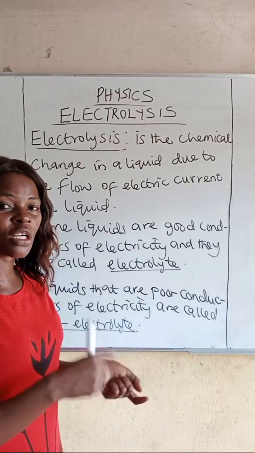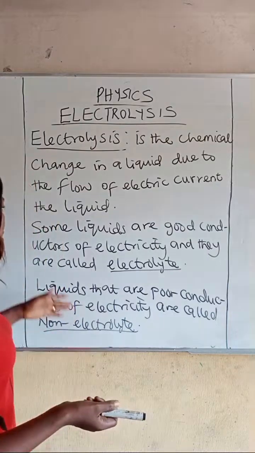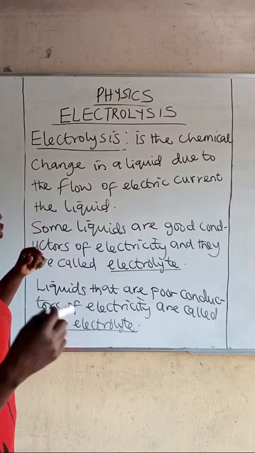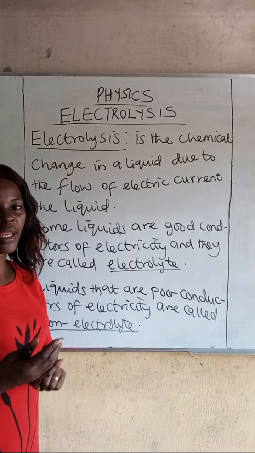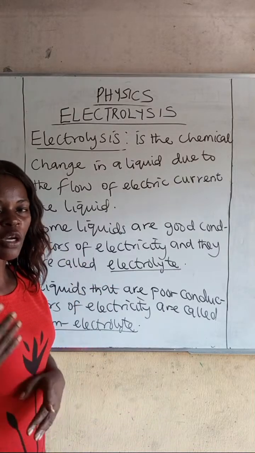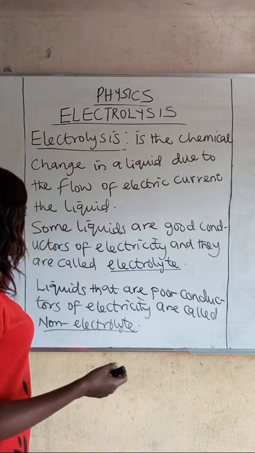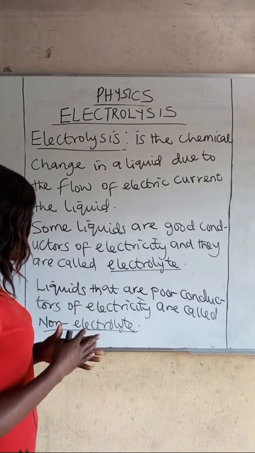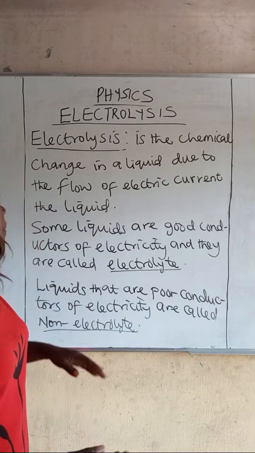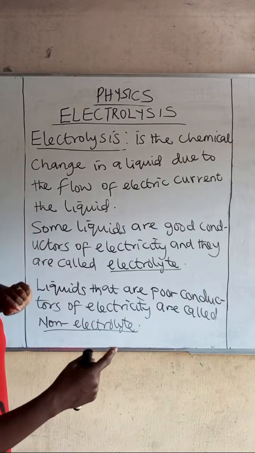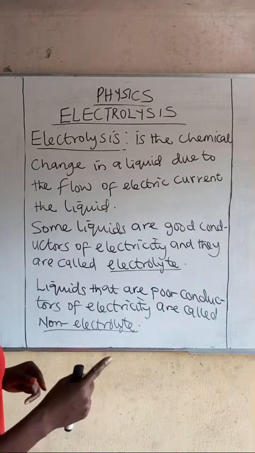There are some liquids that are good conductors, and those liquids are called electrolytes, while liquids that are poor conductors of electricity are called non-electrolytes. Let me do a recap. Electrolysis is the chemical change in a liquid due to the flow of electric current.